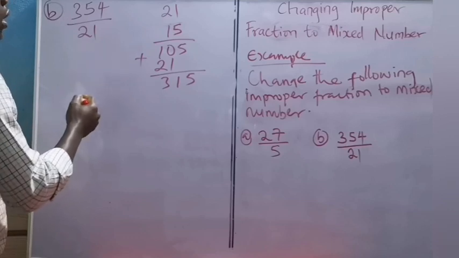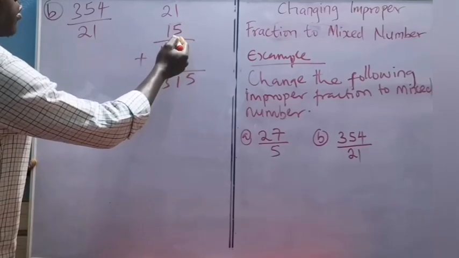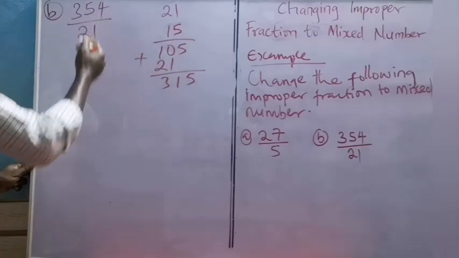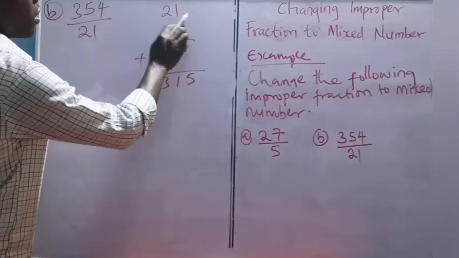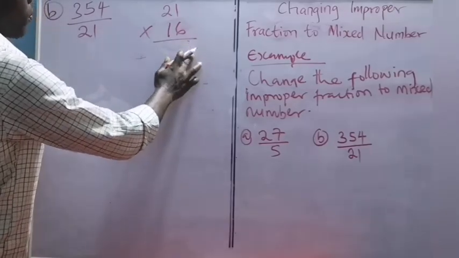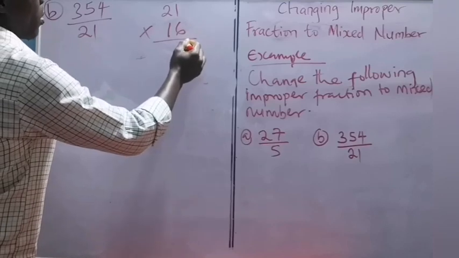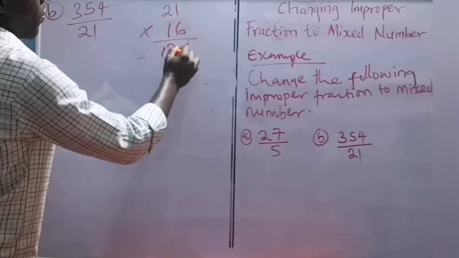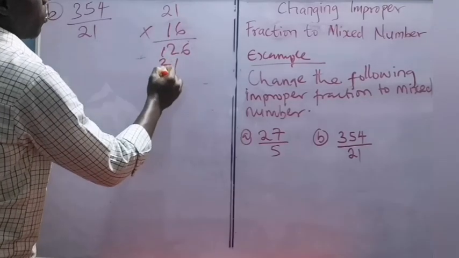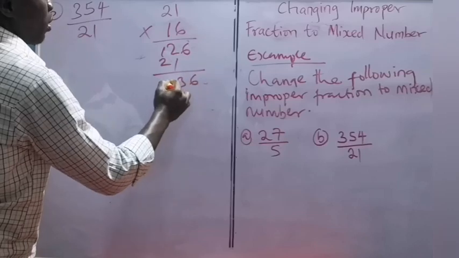Okay, then let's change this 15 to 16 to see if we can get a number that is closer to 354. So I will change this 15 to 16. This is 6, this is 12, this is 1, this is 2. Okay, let's add: 6, 3, 3.